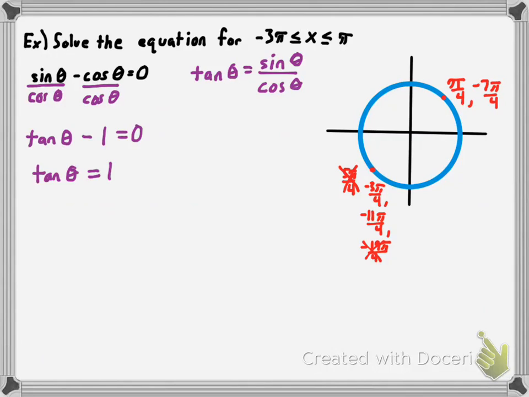Okay, that's negative 1 3/4 pi. That will help us. And then let's subtract 2 pi again. That will give us negative 15 pi over 4. But that's closer to negative 4 pi, and that's outside of our domain here, so I'm going to cross that one out.